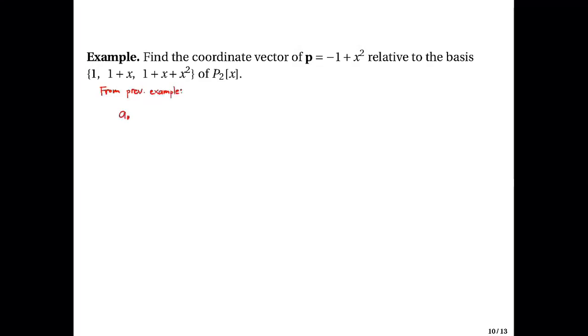If you have a0 plus a1x plus a2 x squared, you can actually write this as (a0 minus a1) times 1, plus (a1 minus a2) times (1 plus x), plus a2 times (1 plus x squared).